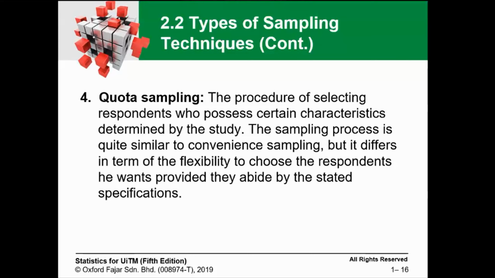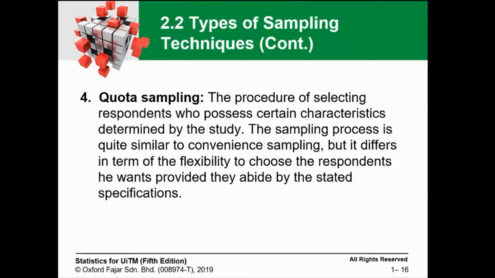You remember when we were talking about the convenience sampling technique, we said that the researcher can go at 10 o'clock to the shopping mall and stand at the door, and whoever enters at 10 o'clock, he will take the answers from them. If we want to make it a quota, yes, it will be convenient. He will go this time, but he's going to choose only the female shoppers.